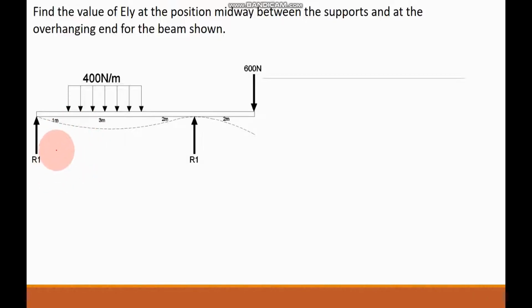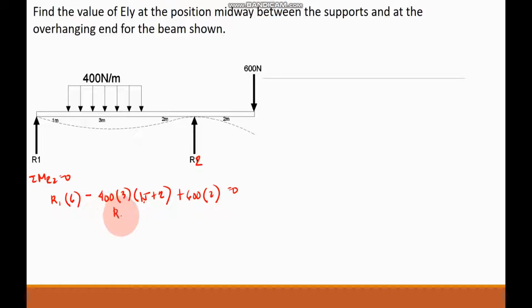So, first step again is to determine the values of the reactions. So, we have here reaction R1 and R2. So, we have summation of moment at R2 is equal to 0. So, we have R1 multiplied by 6 meters minus 400 of 3 and then 1.5. This is 1.5 plus 2 plus 600 of 2 is equal to 0.